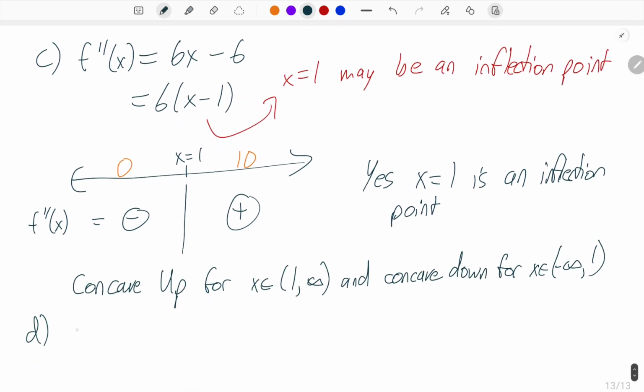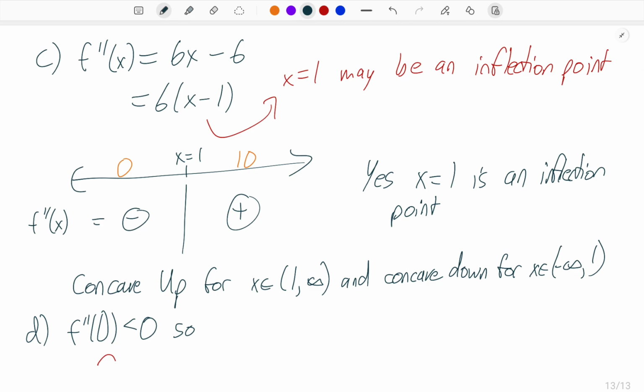Now if we do our second derivative test, we have our intervals, so we can say f prime prime of 0 is negative. So it's concave down. I always like to just picture it. It's not about just memorizing different cases.